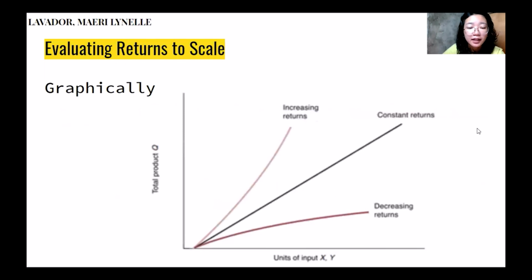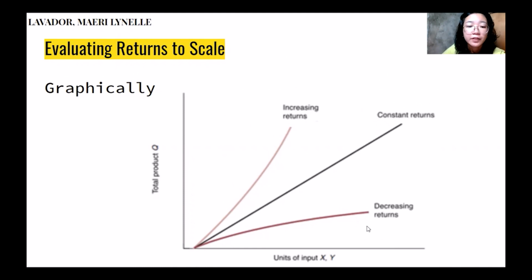Now, returns to scale can also be graphically examined. In this graph, the slope of a curve drawn from the origin up this production surface indicates whether the returns to scale are constant, increasing, or decreasing. A straight line production function indicates constant returns. When the slope of such a line from the origin is falling, it indicates decreasing returns to scale.